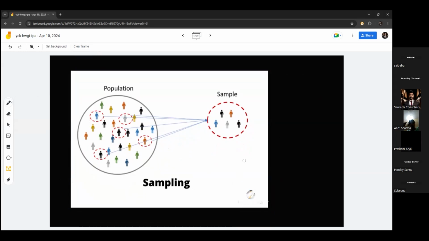So here we can easily see the population is there, right? So we can easily see this is the complete population and this is our sample. So sampling means pulling out a few pieces of information from our complete population.